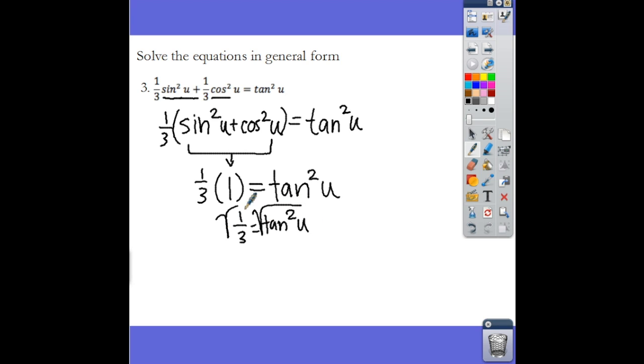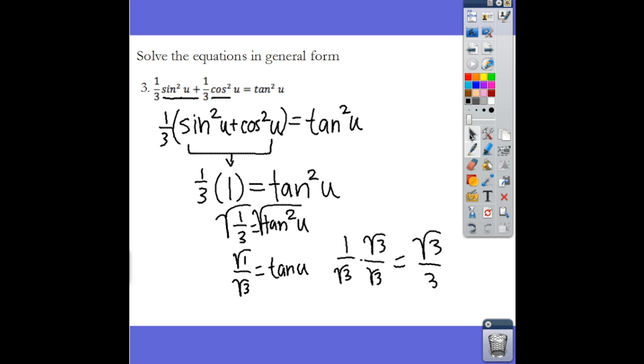So then you'll take the square root of both sides, leaving you with square root of 1 over square root of 3 equals tangent u. Then you can rewrite that as 1 over the square root of 3 equals tangent u, and then rationalize with the fancy 1, and you're left with square root of 3 over 3 equals tangent of u.